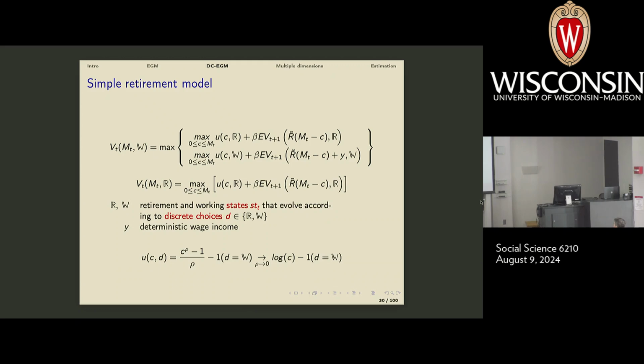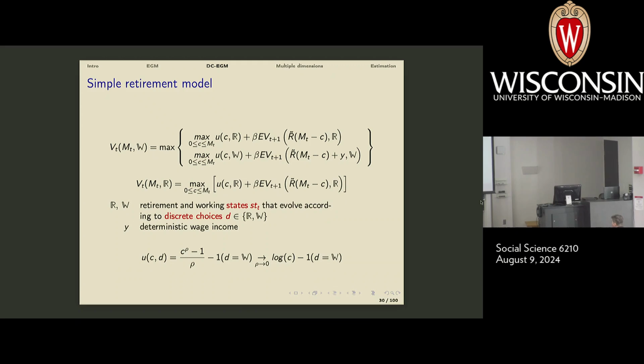Because then, once you've taken the decision to retire, the agent is back to the consumption savings model that we already looked at, and we don't have to worry about retirement. It's like we already have the solution. And therefore, I'm tracking the state of the person, and this is going to be an additional state variable. So if you're a worker, then you have a choice. If you're already a retiree, then you're only solving the consumption savings problem, and you're staying a retiree.